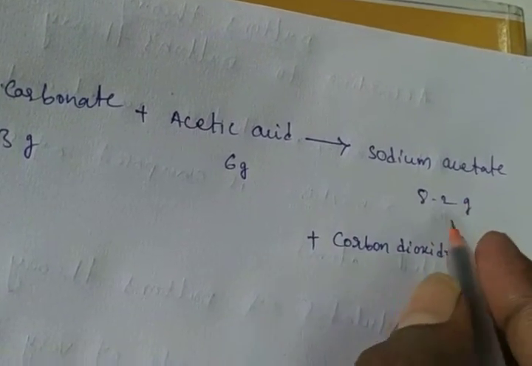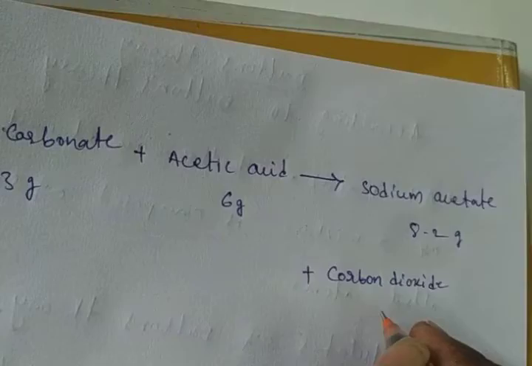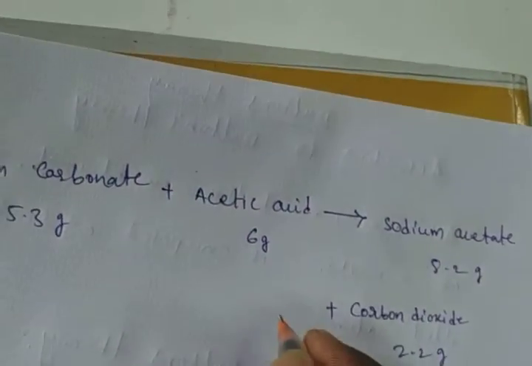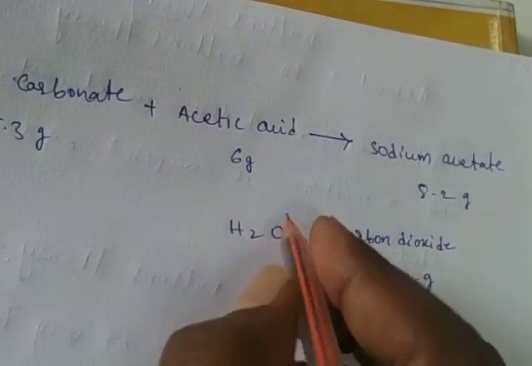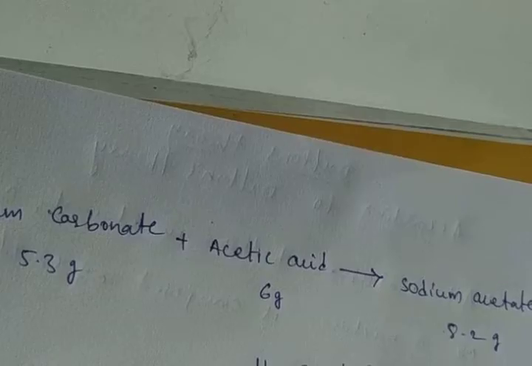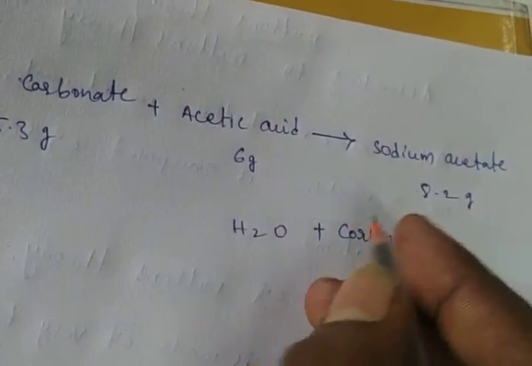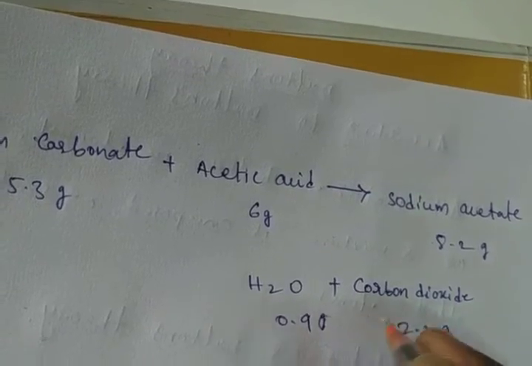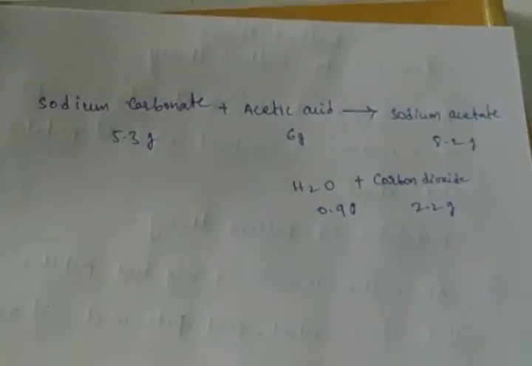How much carbon dioxide? 2.2 grams. And another product is water. How much water? 0.9 grams. Okay, this is the reaction.